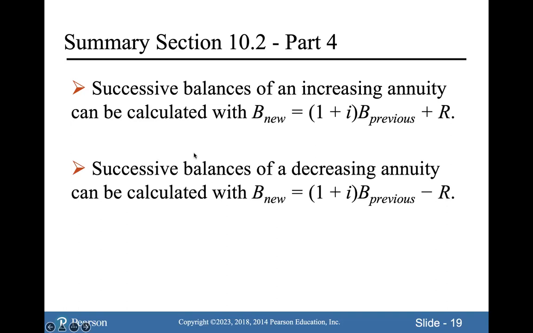But the formulas on the preceding slides are probably going to be more useful, because these don't get you right from the beginning straight to the end. This is okay if you're trying to find the balance after 1 month, after 2 months, after 3 months. But if you want the balance after 5 years, you would want to use the other formula or formulas, depending on whether it's increasing or decreasing.